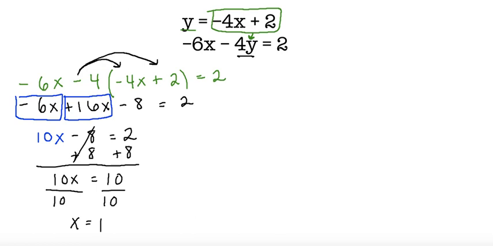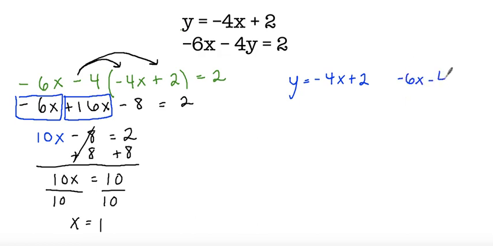So we have our two equations here, and I'm simply going to rewrite them. So we have y is equal to negative 4x plus 2 and negative 6x minus 4y is equal to 2. And we're going to substitute both equations in with this x value.